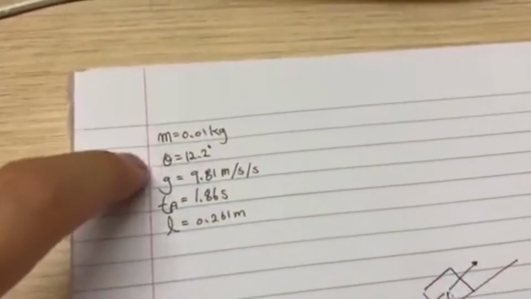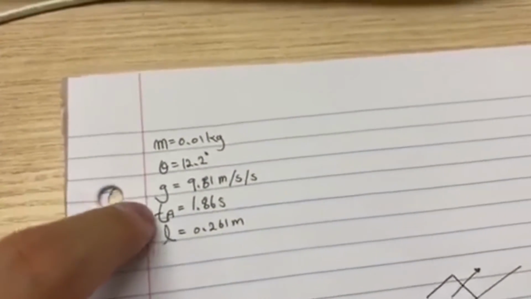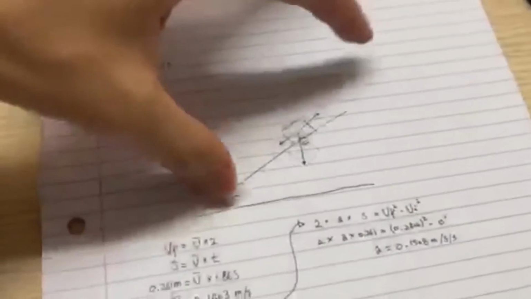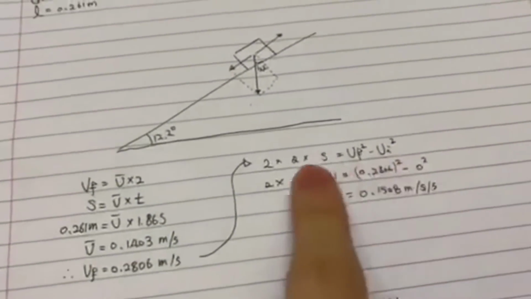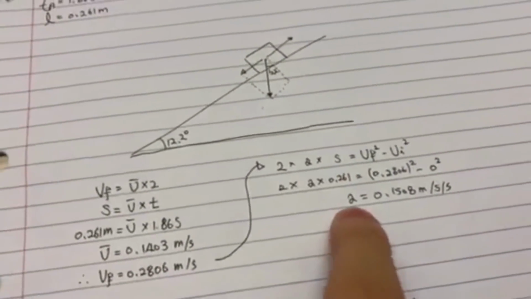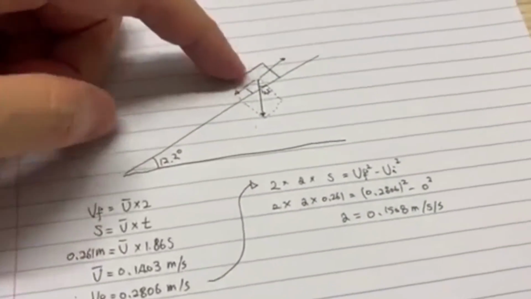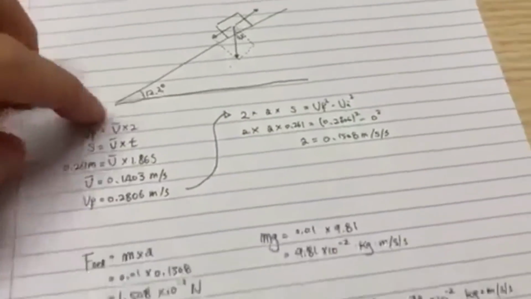I know mass, theta, gravity, the time taken, and the length of this log. So I use one equation, and I found the acceleration of this object going down here.